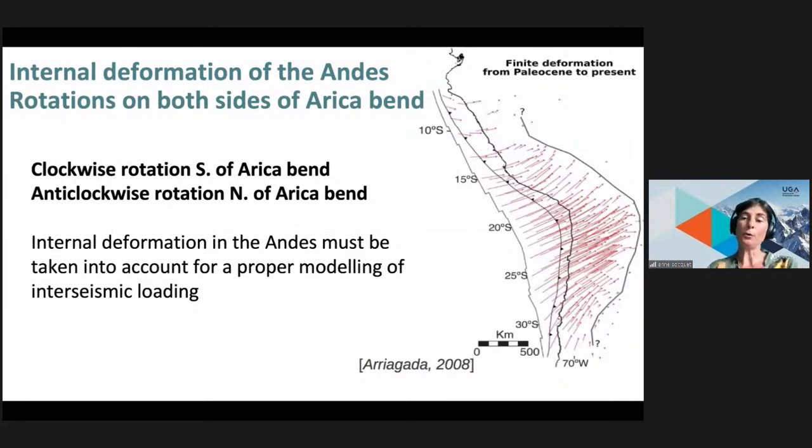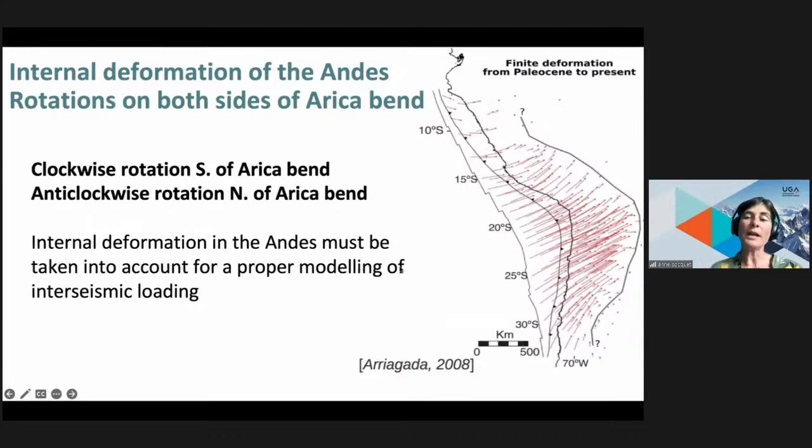We need, first of all, a combined velocity field that includes data from South Peru and from North Chile. But we also need a proper modeling scheme that takes into account this internal deformation in the central Andes. This is a figure by Arriagada 2008, and it shows the finite deformation.